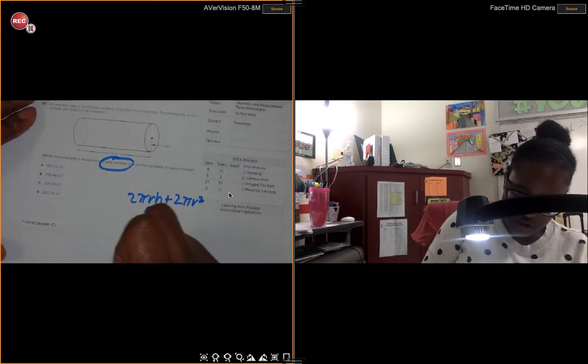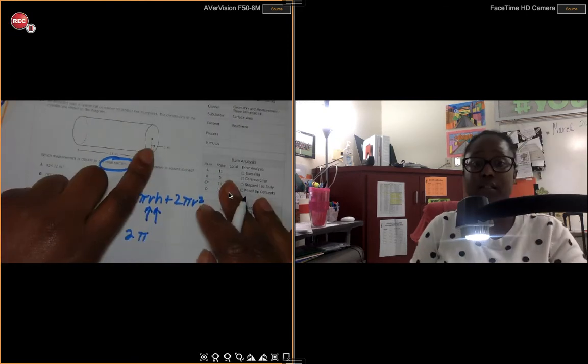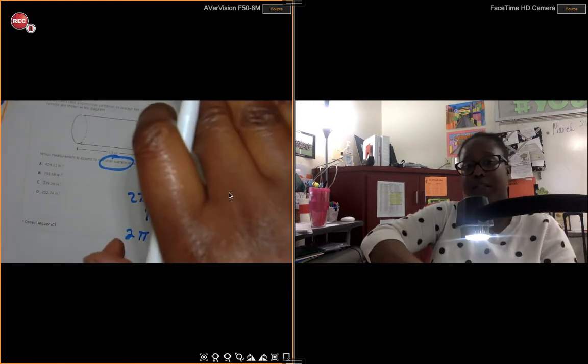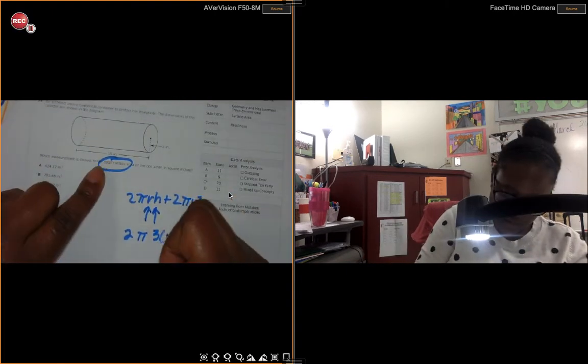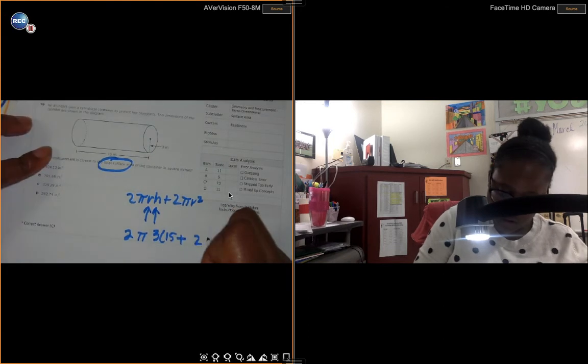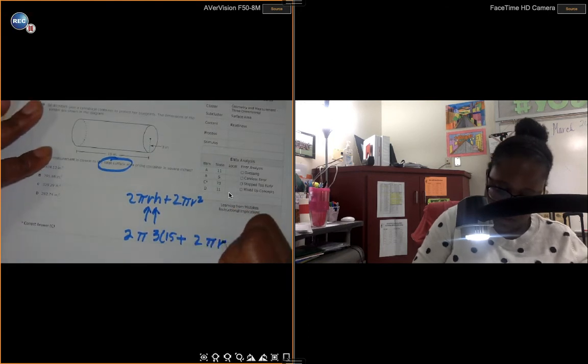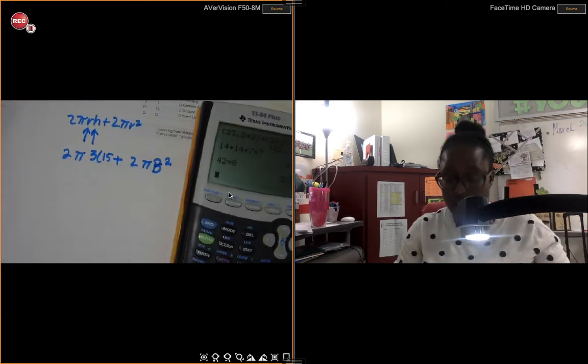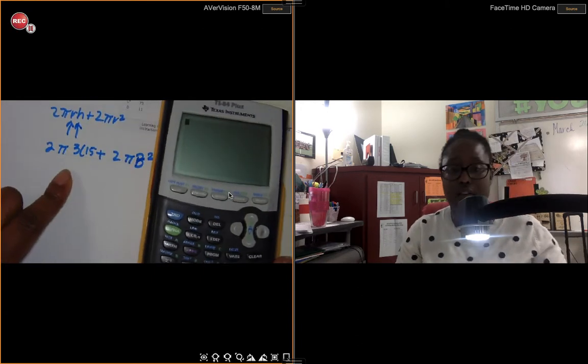So it's going to be 2 pi, our radius is 3, our height, because remember we would pick this up like a can, our height is going to be 15, plus 2 pi, radius we said was 3, and then we're going to square that. Again, we're going to put this all in the calculator together.